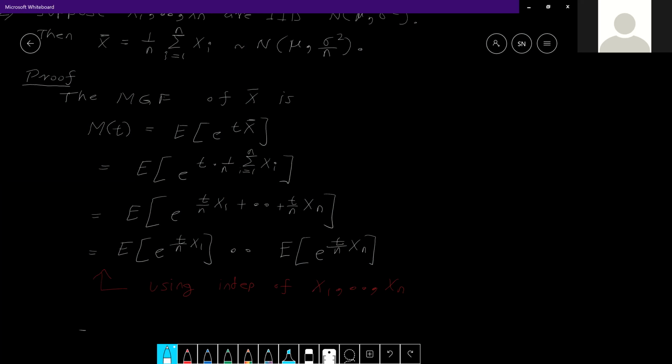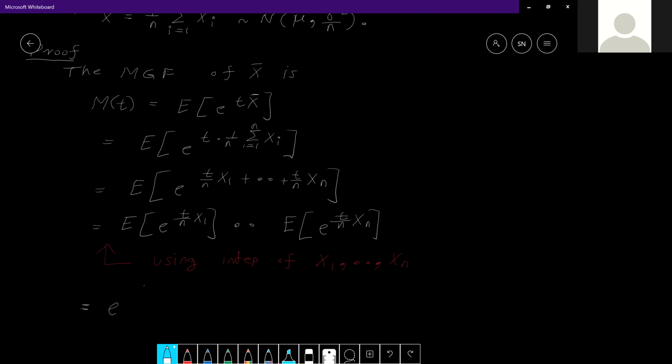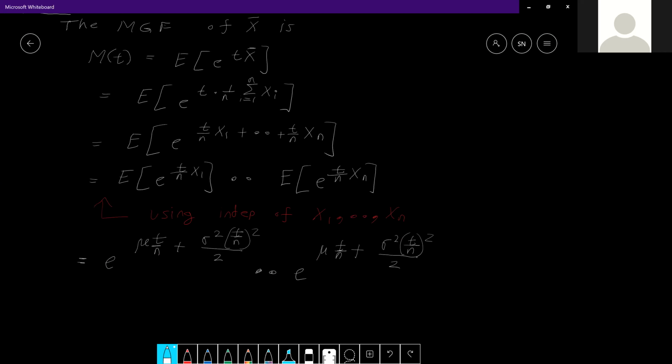So you can write this as e to the power mu with t replaced by t over n, plus sigma squared with t replaced by t over n. This is using the result of example 3, which we did earlier today.